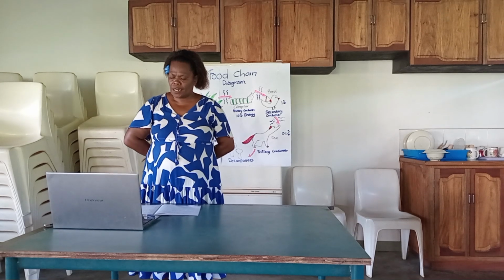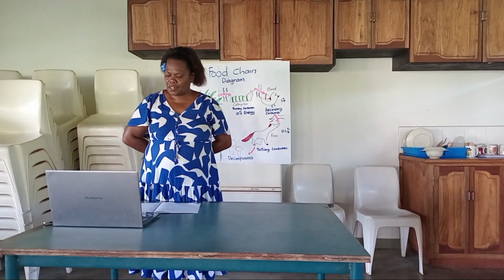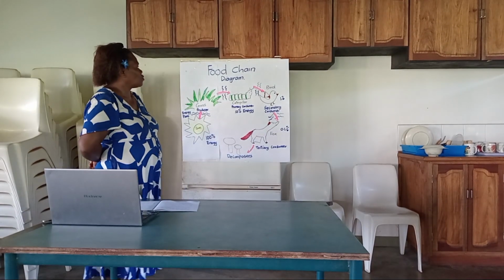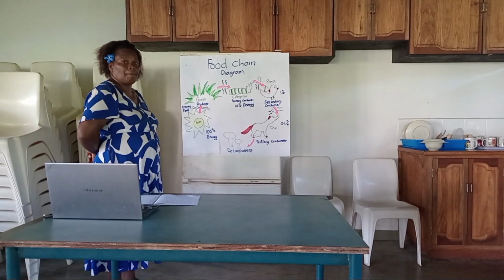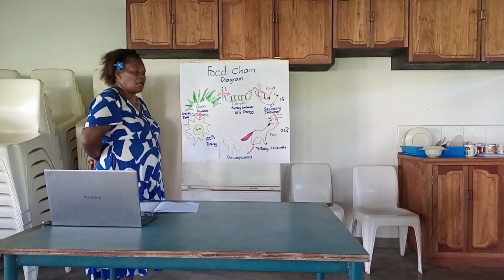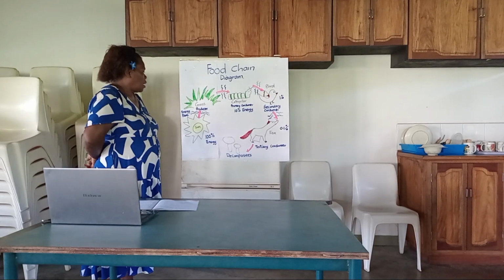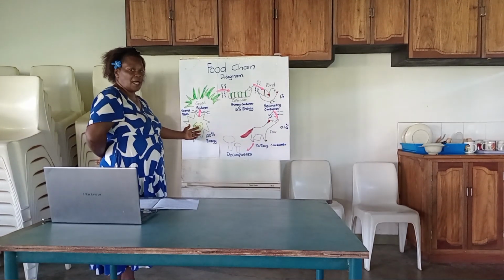Example of the rainforest food chain. Let's look at this simple rainforest food chain. I have drawn a diagram here, with the percentage of energy that all of these consumers receive. As you can see, the first one is the sun.